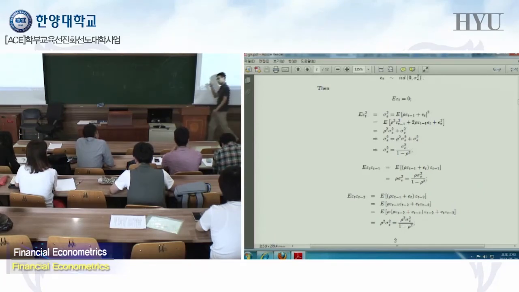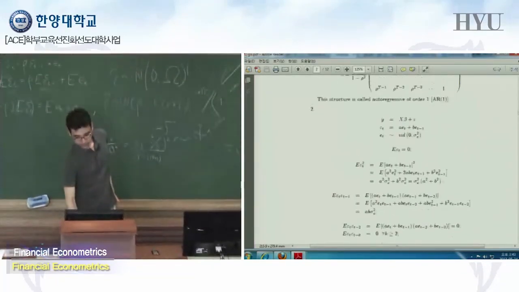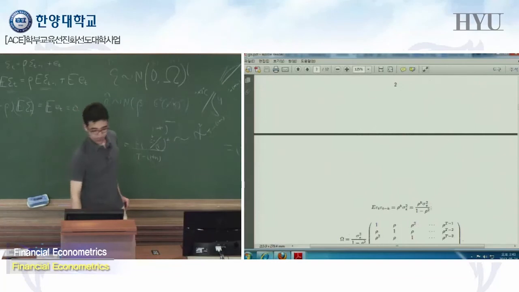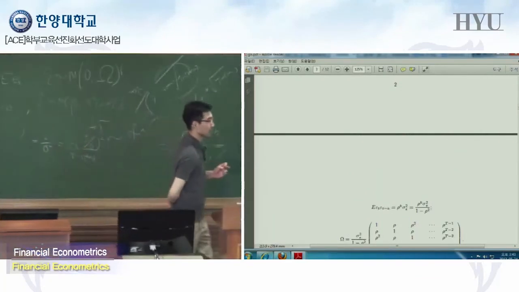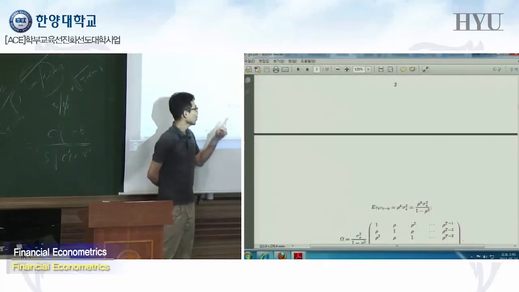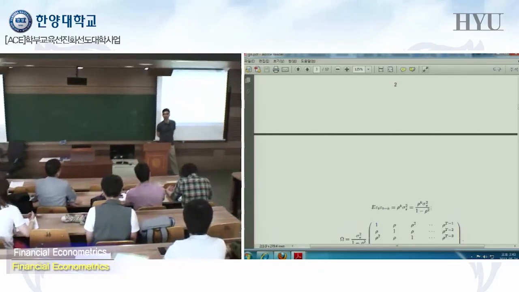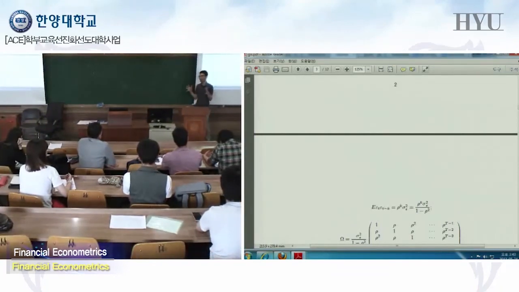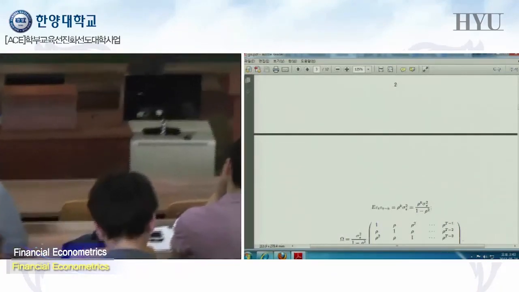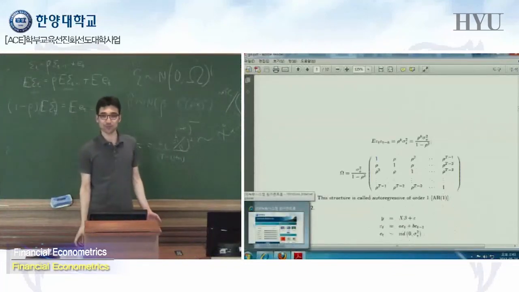So if we continue this, then the covariance between epsilon t and epsilon t minus k should be rho to the k times sigma e square over 1 minus rho square, right? And so we entirely characterize the omega matrix.